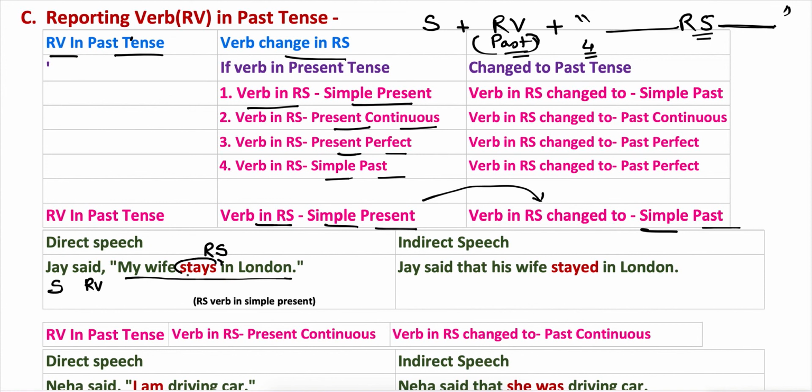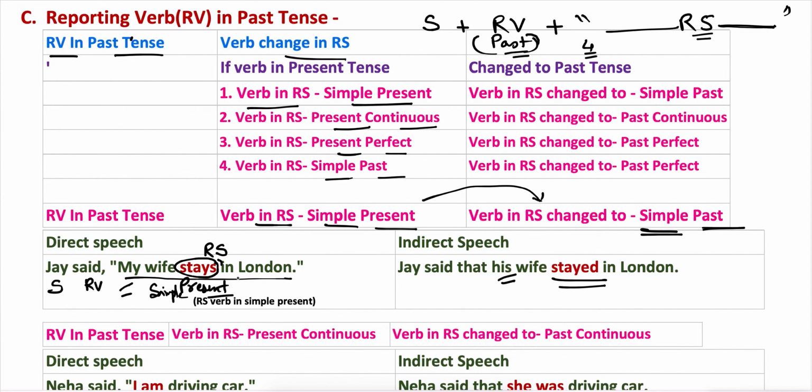Stays. So stays tells us that it is in present form, simple present. So simple present will change to simple past. So stays will change to stayed. In this sentence, my is also changed to his. This we will see in the second case, that is the change of pronoun.